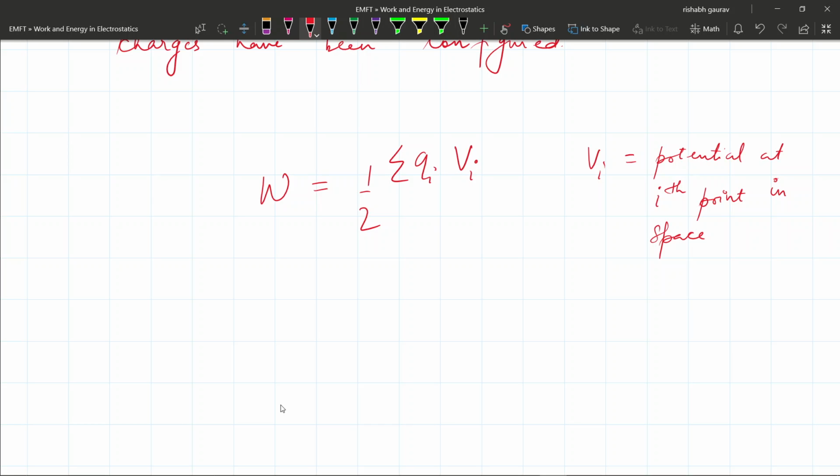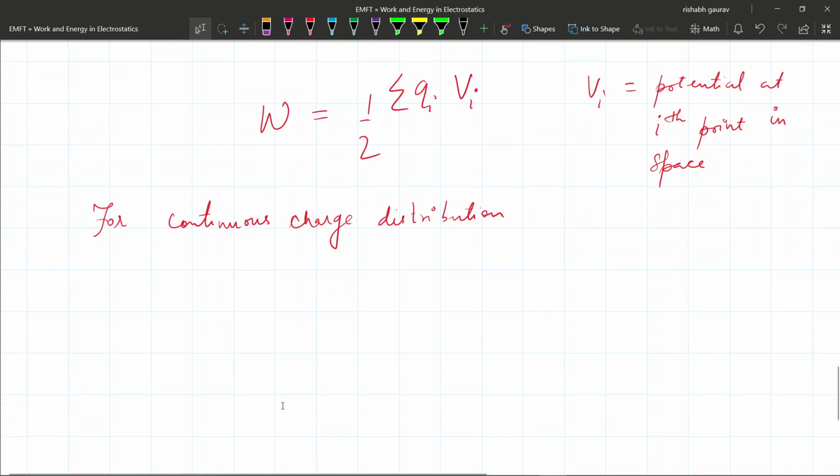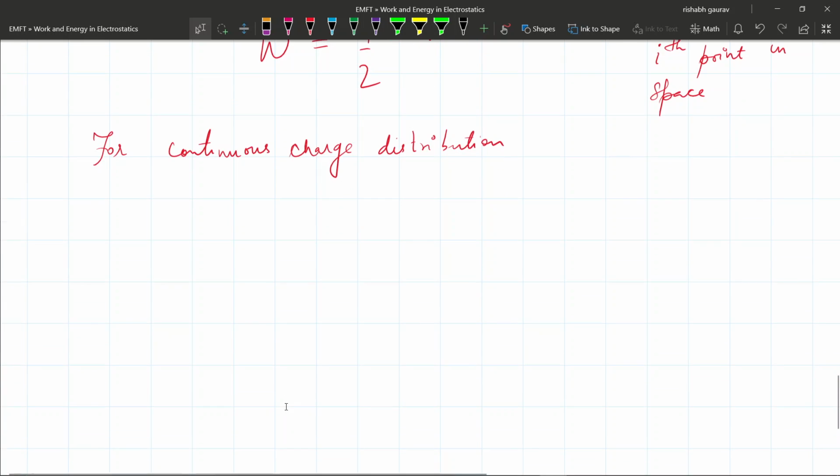Now if we have got continuous charge distribution, suppose we have got volume charge density, or line charge density, or let's say surface charge density, then we can write the same formula for W as half.